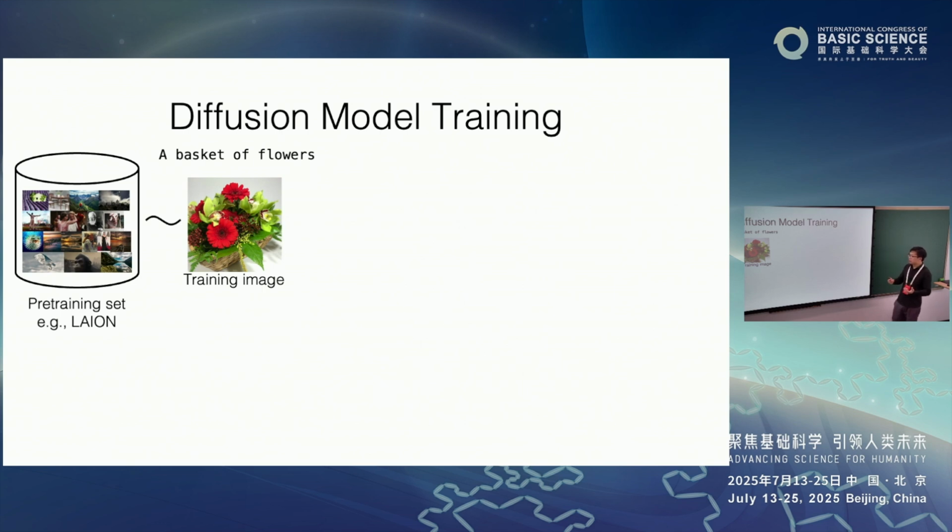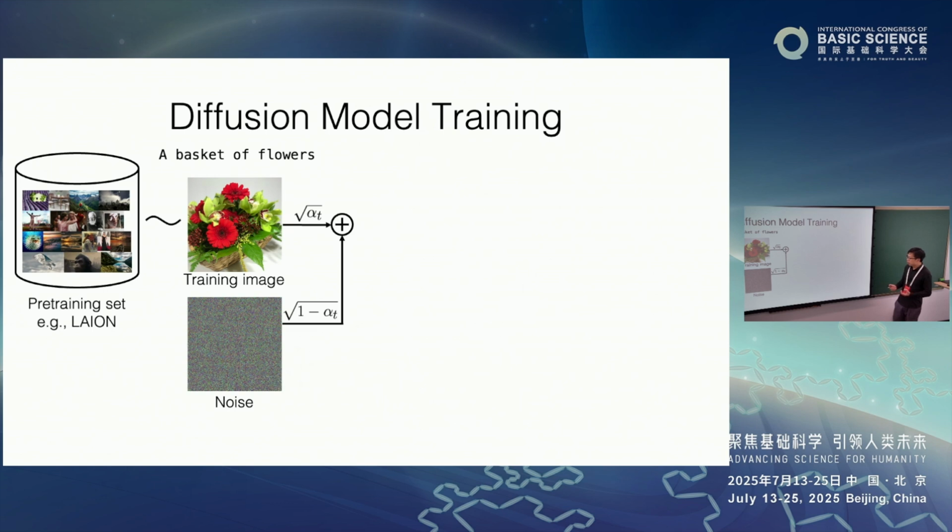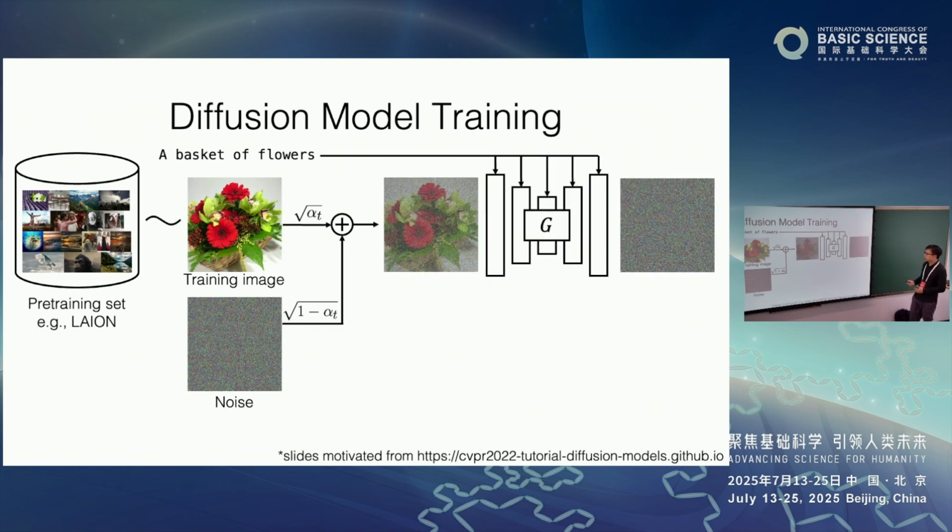Okay, and in training time, we have training images, and we sample a text prompt, and we add some noise to the images with some predefined coefficient between 0 and 1. So if alpha t is close to 0, you add more noise. If alpha t is close to 1, you add less noise. Then you get noisy images, and feed these noisy images to the network.